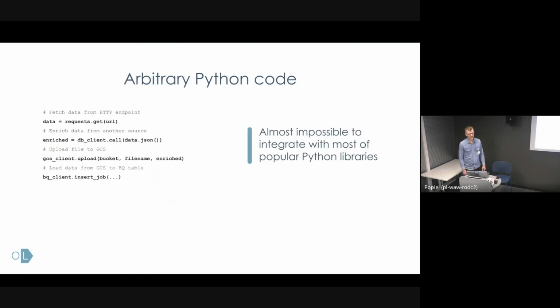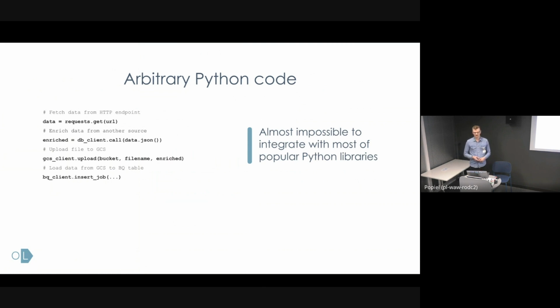So as I said, the PythonOperator allows you to run any code, and that's the problem basically. You can, for example, fetch the data with the requests library, then call some other DB client, upload it with a GCS client, for example, then do something else.